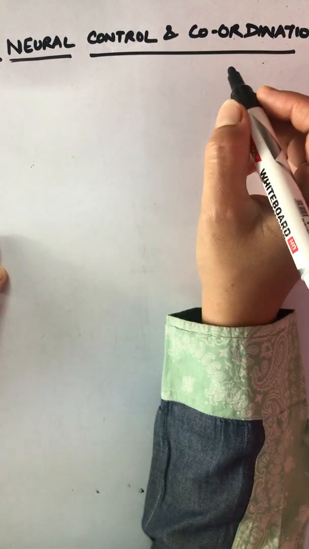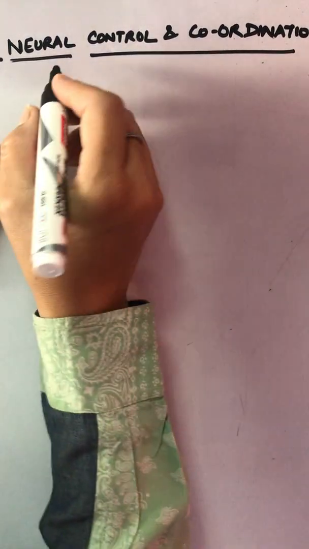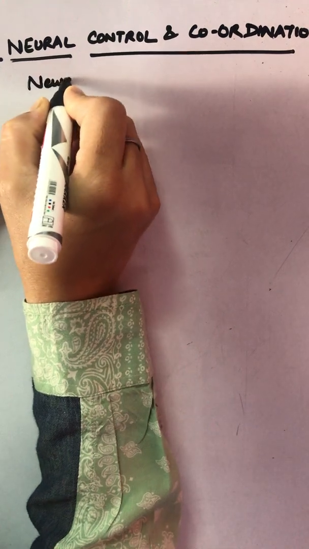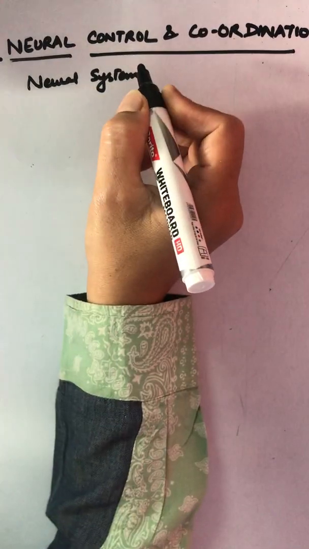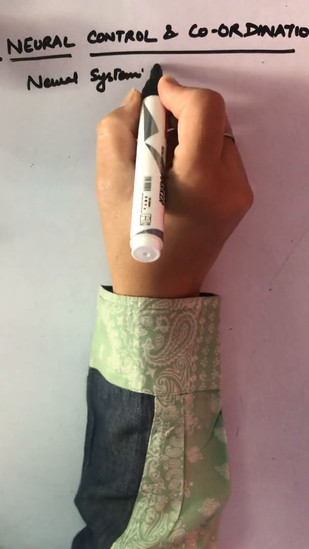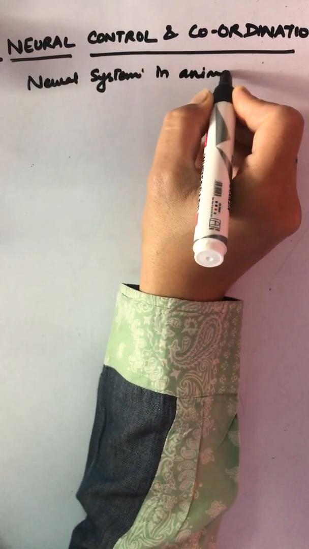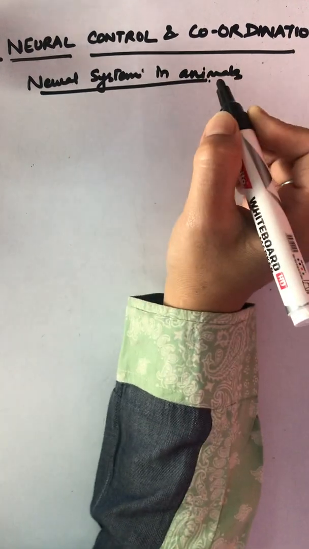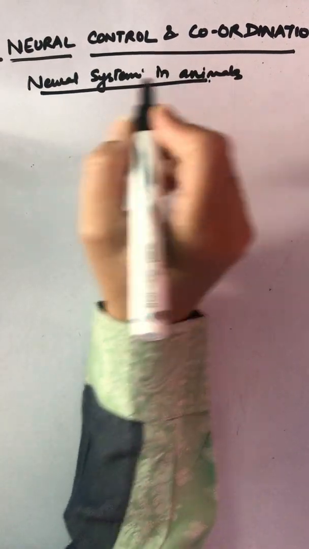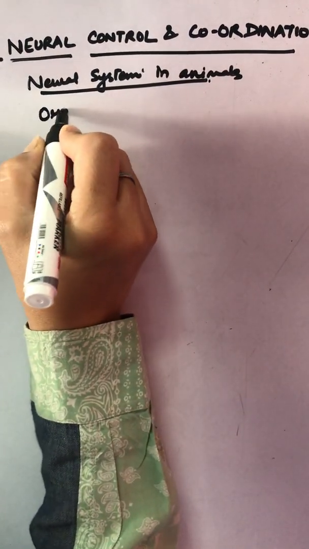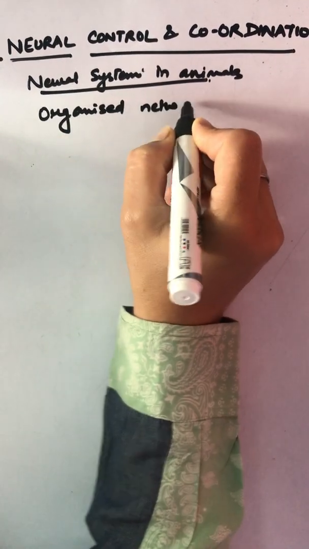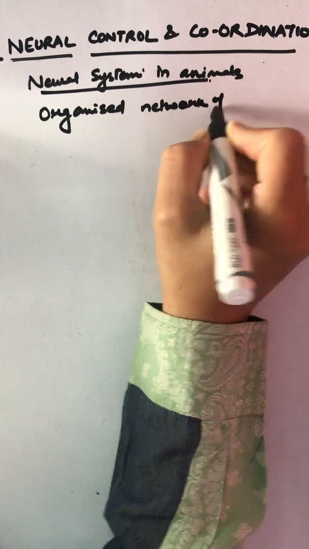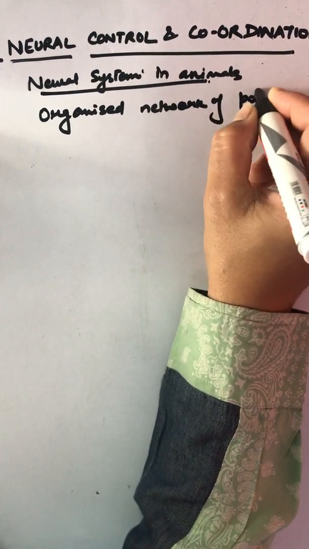Neural control and coordination. First of all, we talk about the neural system. Neural system in animals. When we say neural system in animals, it provides an organized network of point-to-point connections.